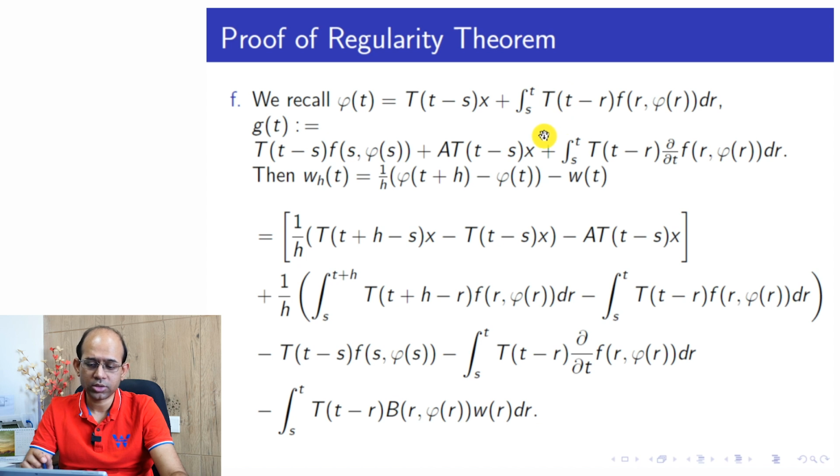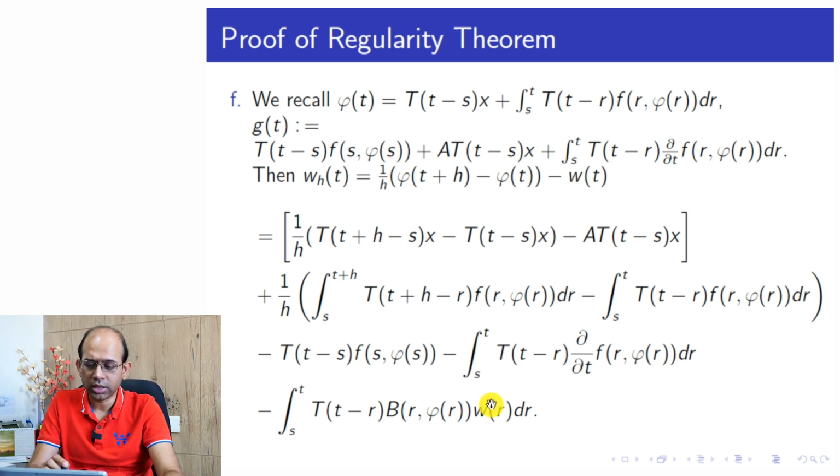All the places where t appears, I should write t+h: the integral to t+h of capital T(t+h-r) f(r, phi(r)) dr. Now from phi(t), I would have just this integration, so I'm writing it with a negative sign: minus the integral from s to t of capital T(t-r) f(r, phi(r)) dr. So as far as this difference is concerned, all the terms coming from it I have written, and for the W term only this one. We still need to write down these two terms and also the integral term which appears in the equation of W. So we do this.